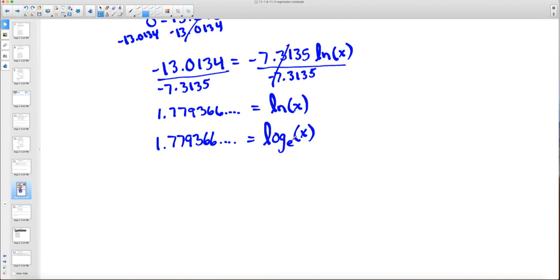If you're in log form, you want to convert to exponential form. So we circle that base and run the race. So we're going to convert it over to exponential form. So e is the base of our log. It is the base of our exponent. So we're looking at e to the exponent of 1.779366 equals x.